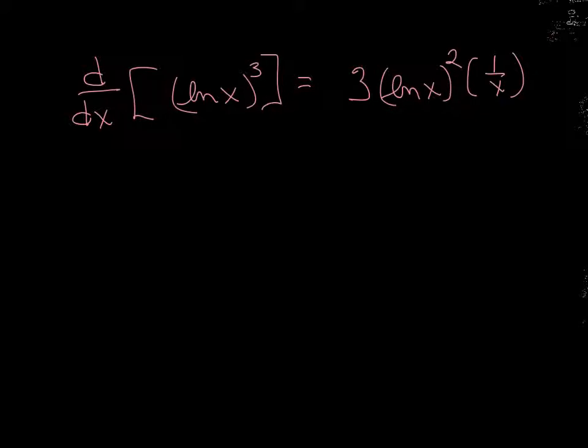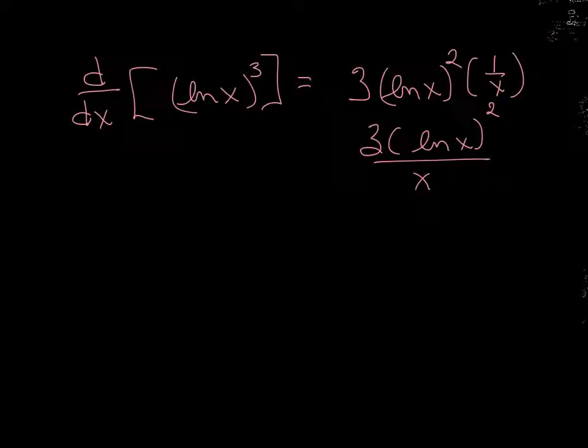And there's not much we can do unless you want to rewrite it this way. And I would be sure to use parentheses because it's not the natural log of x squared, it's the natural log of x squared over x. And that's as much as we can do there.